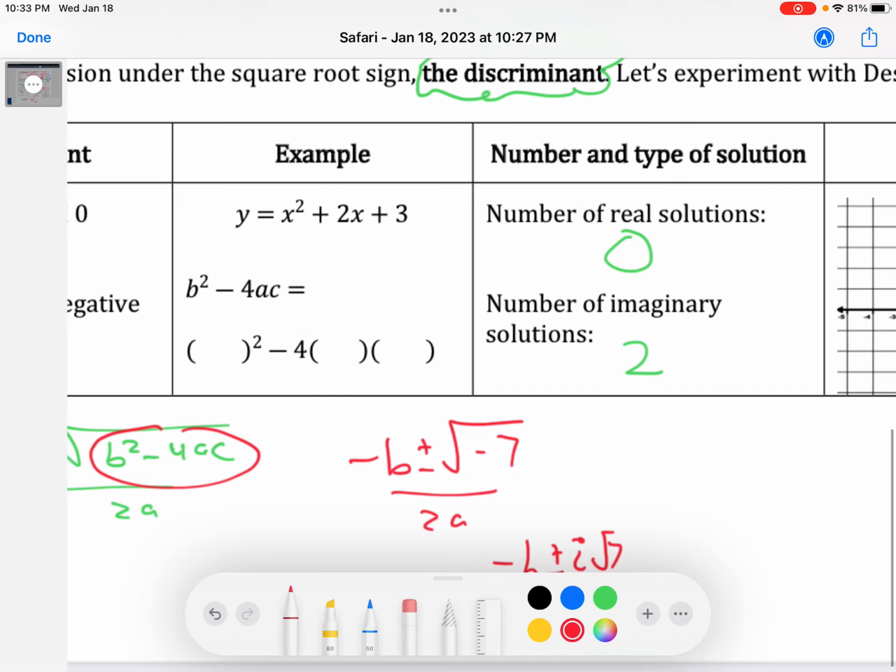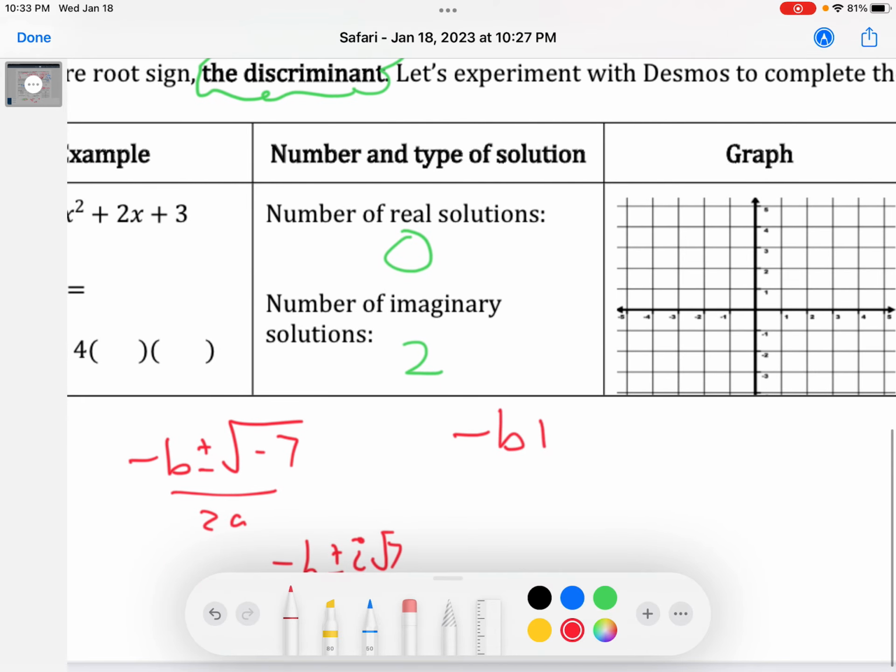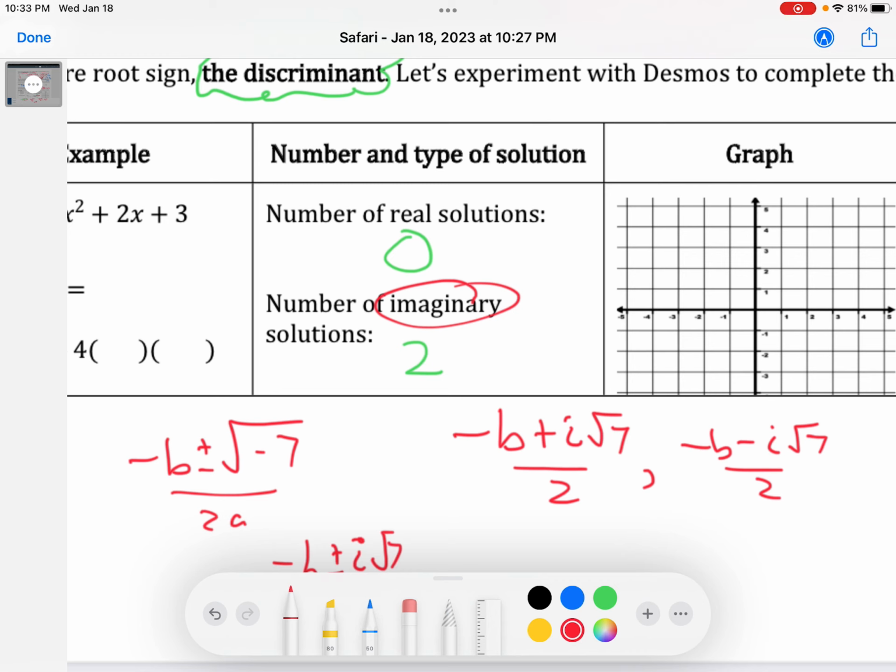And there are 2 solutions here, right? Why are there 2 solutions? Because it's negative b plus i square roots of 7 over 2 and negative b minus i square roots of 7 over 2. So you've got these 2 solutions. Both of them are imaginary because they have that letter i in them.